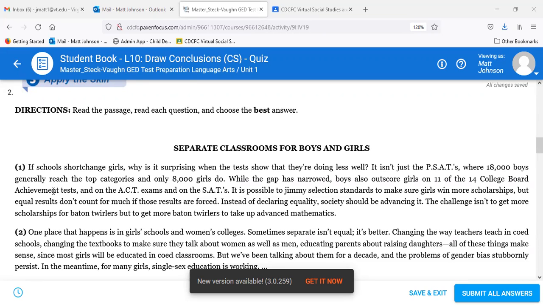While the gap has narrowed, boys also outscore girls on 11 of the 14 College Board achievement tests, and on the ACT exams, and on the SATs. It is possible to jimmy selection standards to make sure girls win more scholarships, but equal results don't count for much if those results are forced."